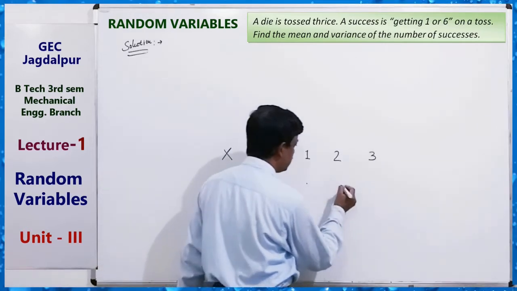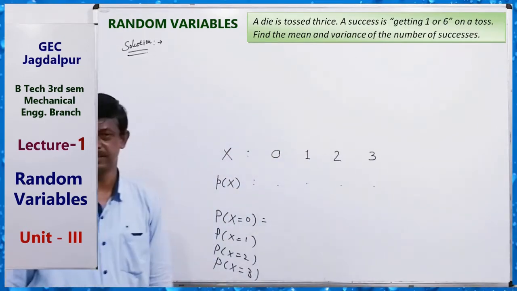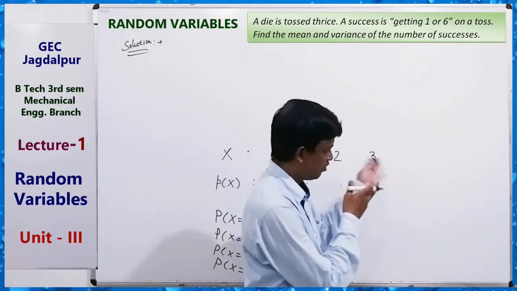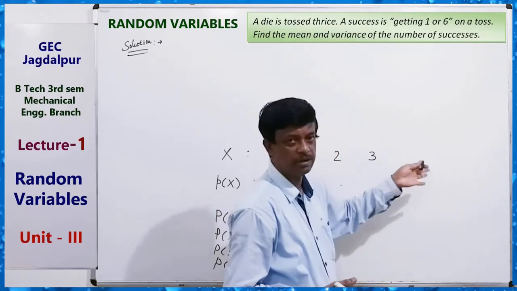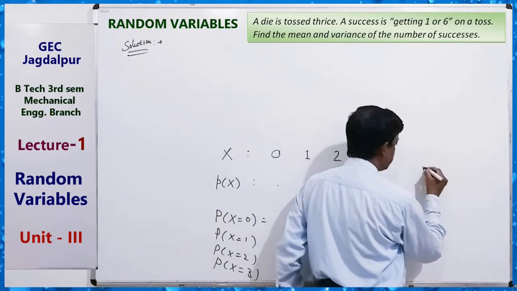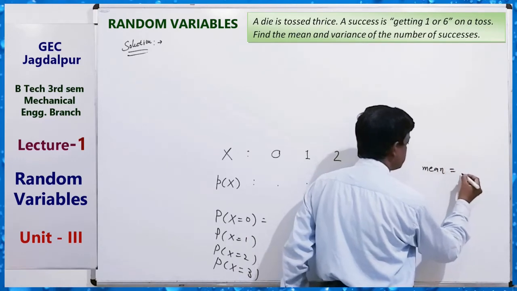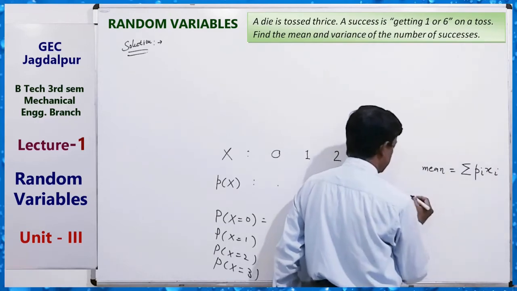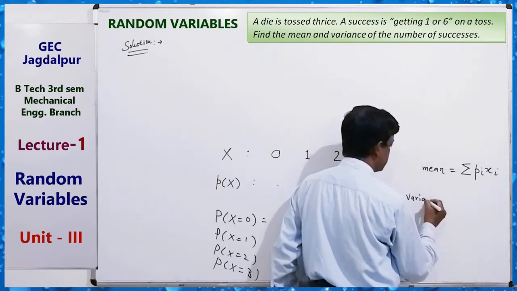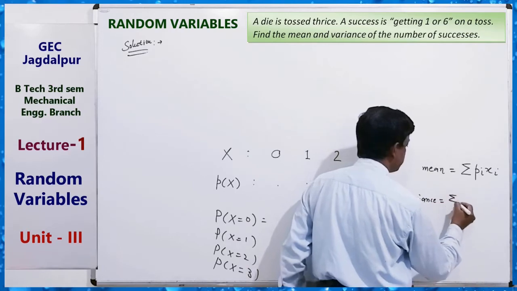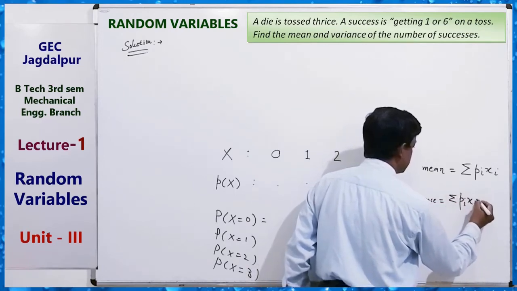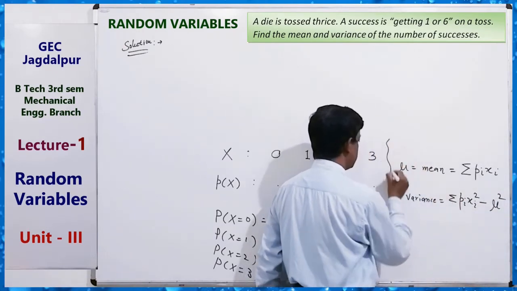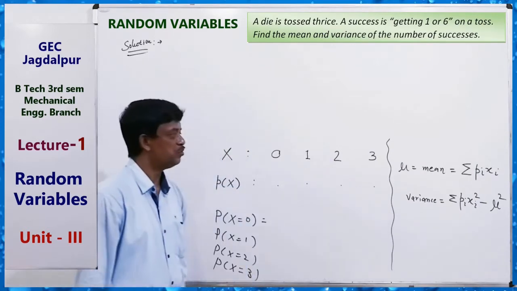We just have to find these and put them here. Then we can find the mean and variance for this variable. Generally, I just write the formula now, and I will discuss it later. Mean equals the sum of p_i x_i, and variance equals the sum of p_i x_i squared minus mu squared. Mu means mean. These are the formulas. Mean is denoted by mu.